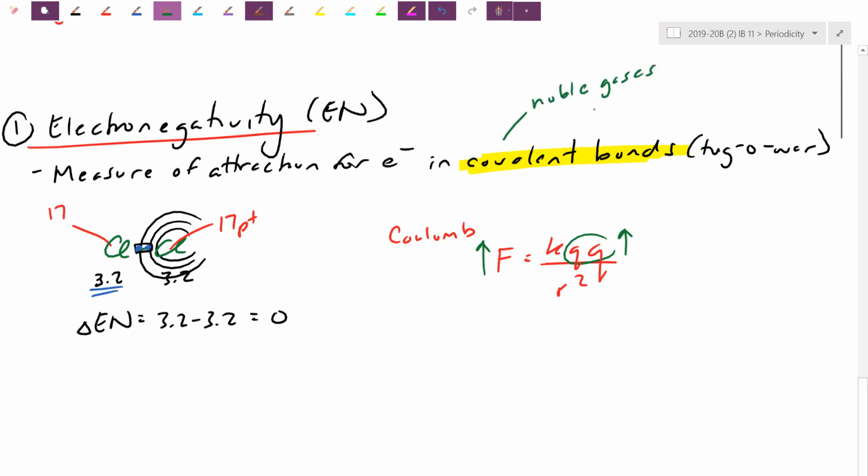Noble gases don't form bonds. That's a slight simplification. We've actually figured out with the really heavy noble gases, you can force them to bond. But overall, because they don't form bonds, there's no sense. Let's say we have argon: yeah, it may be a tinier element, yeah, it may have the extra protons, it could potentially tug-of-war electrons better, but because it doesn't take a bond, there's no point in giving me that number.